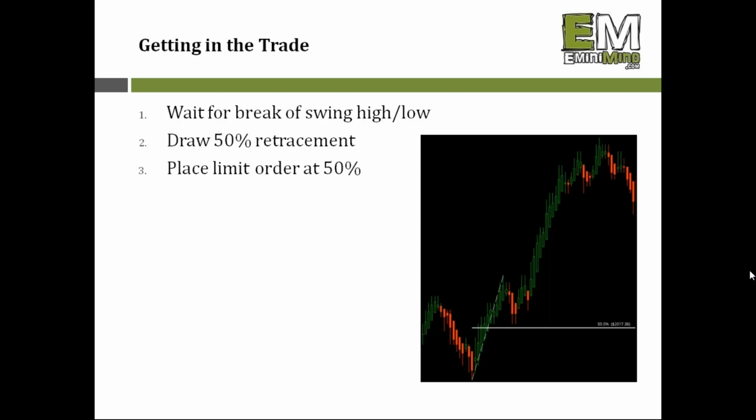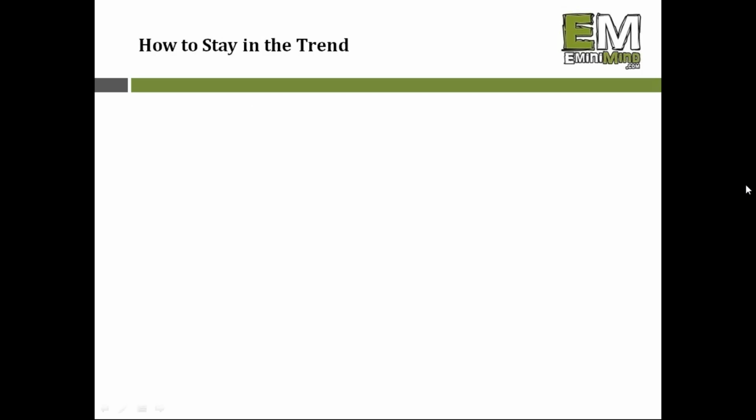Price touched my order. In a real account, the market needs to trade through your price. I haven't been on a paper account in a while, so maybe some of the platforms have adjusted for that. But when I first started, that threw me off a little bit. That was 10, 12 years ago now.